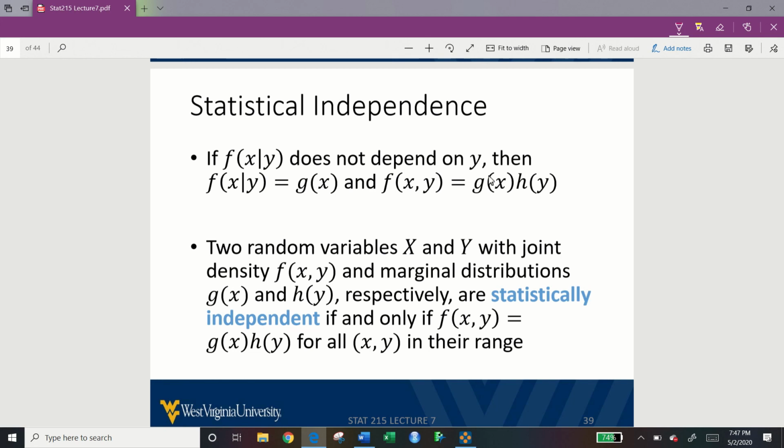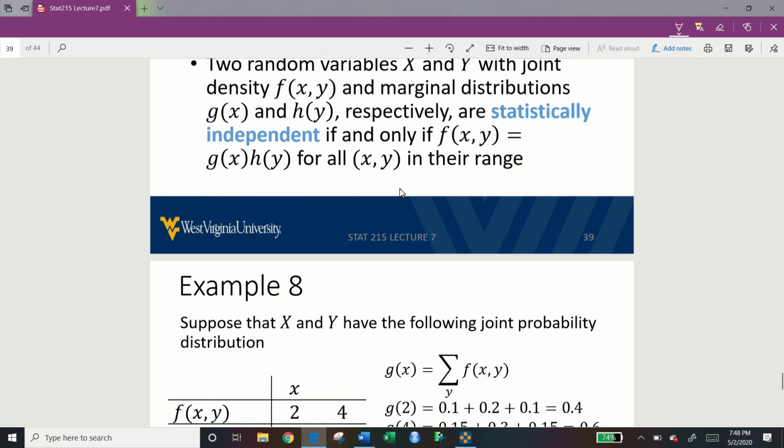Well, or I should say at least partially. We showed the first part. So for 2 random variables, x and y, with joint density f of x comma y and marginal distributions g of x and h of y respectively, they are statistically independent if and only if f of x comma y equals g of x multiplied by h of y for all x comma y in their range. So in other words, psych, we did show that we have statistical independence.